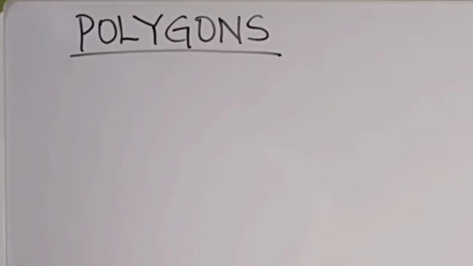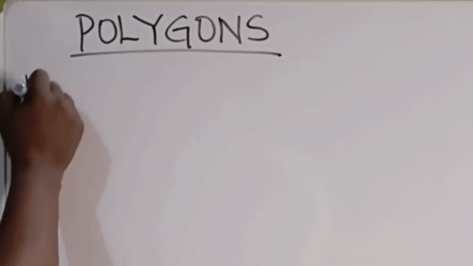So in this class, we're looking at polygons. The first thing we need to know is, what is a polygon? A polygon is a closed 2D shape formed by straight lines that are connected at each endpoint.